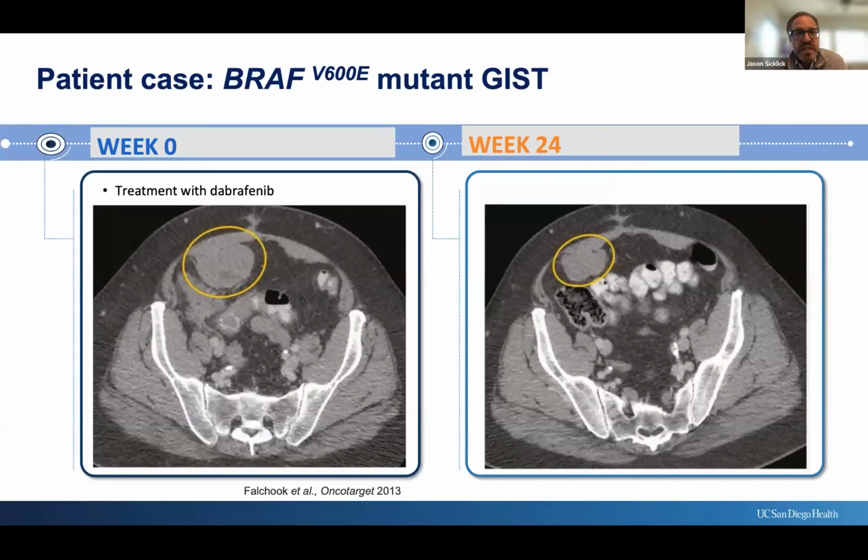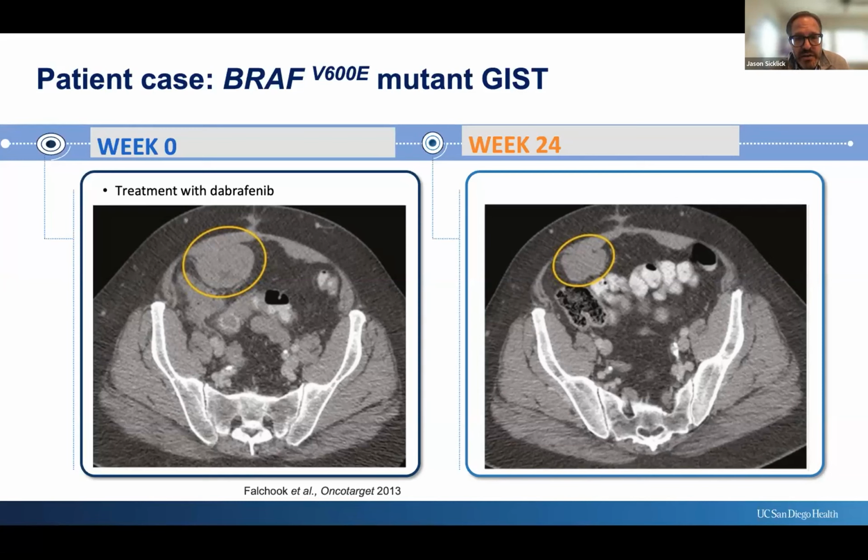Just as an example, here is a patient with a BRAF V600E mutant GIST. This was published in 2013 by the group at MD Anderson. This was the original case report of a BRAF mutant GIST that was treated with a BRAF inhibitor. At the time, it was a drug that was still investigational in clinical trials, but ultimately went on to receive FDA approval and was called dabrafenib.